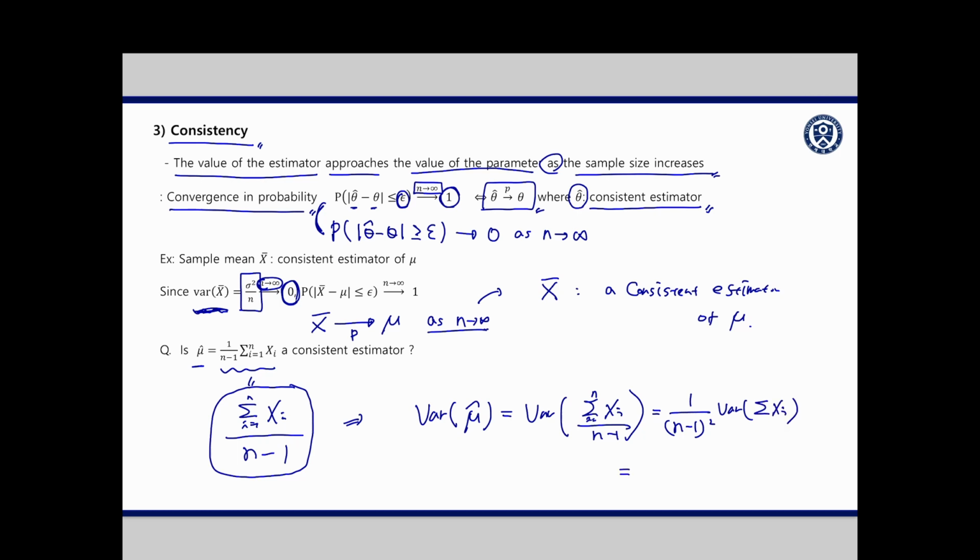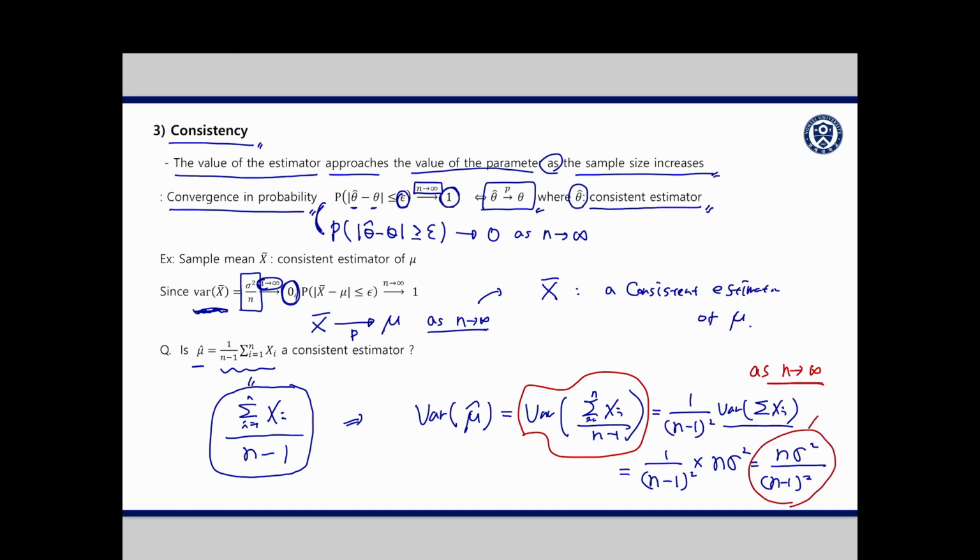Then as the sample size increases, the variance of the estimator goes to 0.